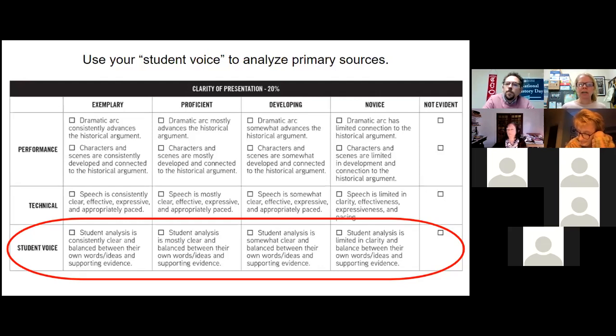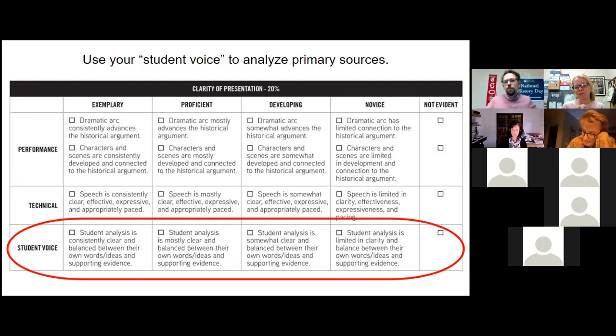And here, the student voice piece is really encouraging that. And I know I talk about how History Day is something where the students get to be historians. And this is what historians do: they analyze, they build their own arguments, they use their own words to make their own arguments.